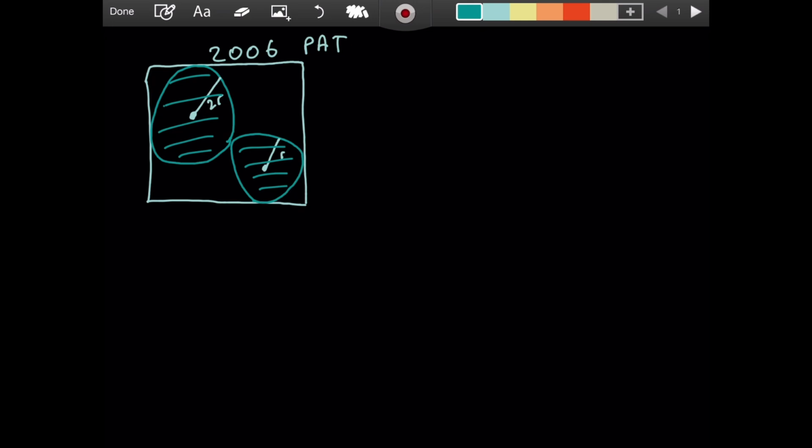So the area of the circles will be pi r squared for the little one plus pi (2r) squared for the other circle. That gives you 5 pi r squared.